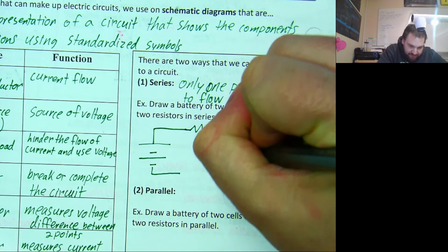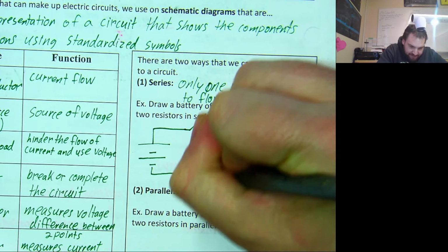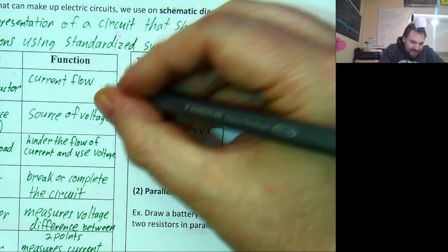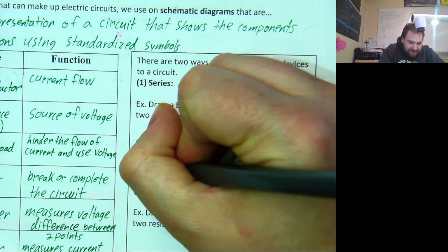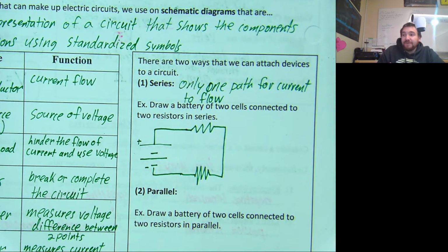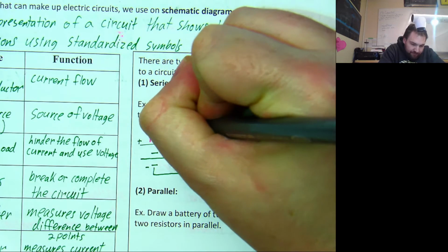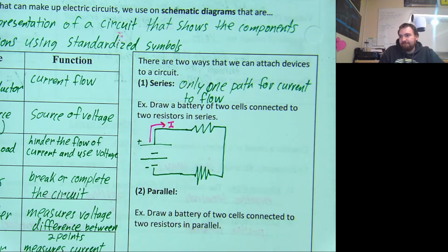There's my resistor, there's my other resistor, and we're done. This is a series circuit with 2 cells and 2 resistors. This is the positive side of those cells. This is the negative side of those cells. So conventional current, I, is going to flow that way.